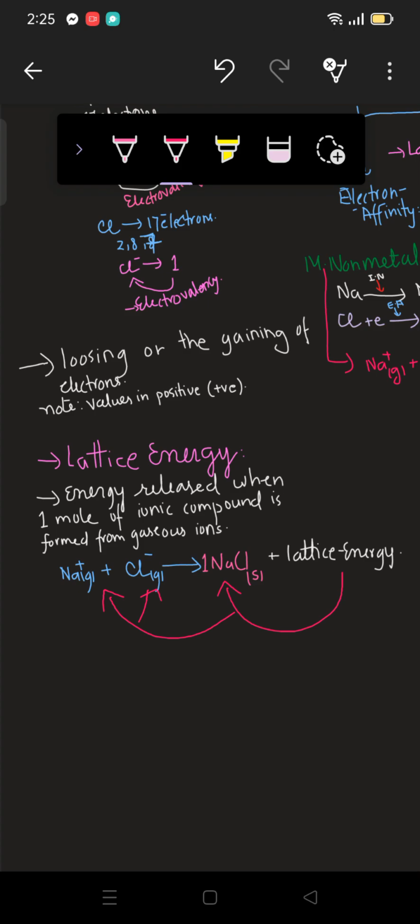Na+ reacts with Cl- and they form NaCl. The energy which is released in this process is lattice energy because 1 mole of ionic compound is formed. Right? Now what is the difference between heat of formation and lattice energy?